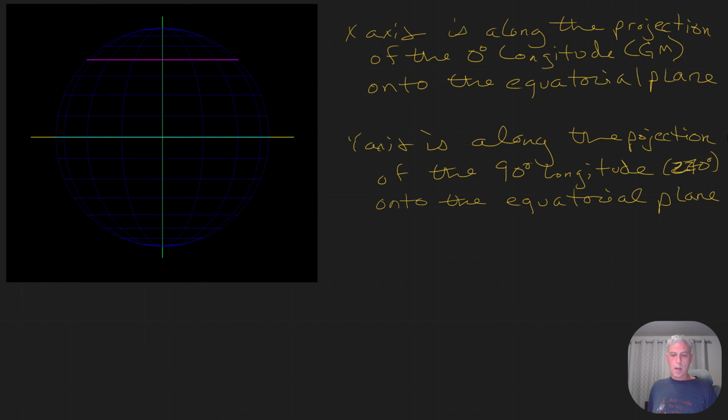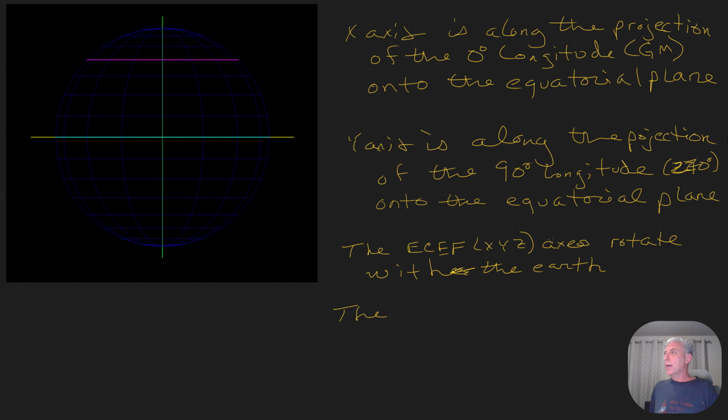The Earth-centered, Earth-fixed, or XYZ grid axes rotate with the Earth. So that means that no matter what time of day it is, X always coincides with 0 degrees, right?